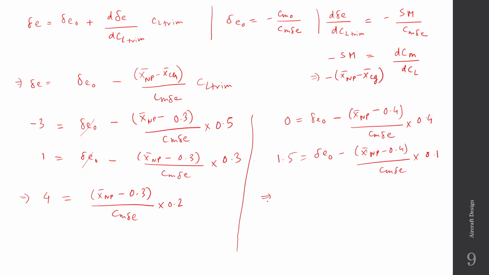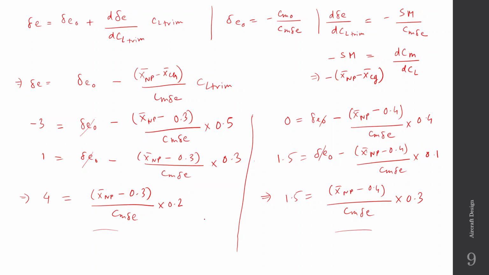Now again we'll subtract the first equation from the second and these terms will cancel and we'll get x bar NP minus 0.4 by Cm delta E into 0.3. So we get these two equations.